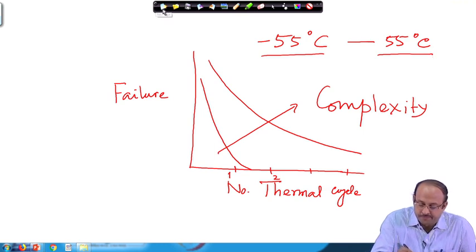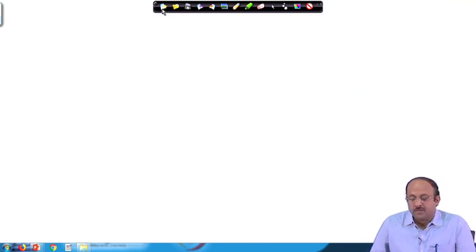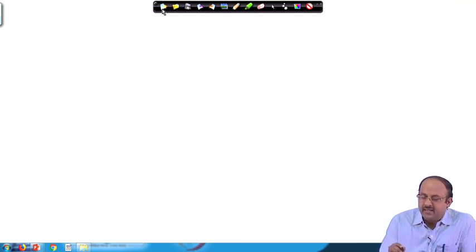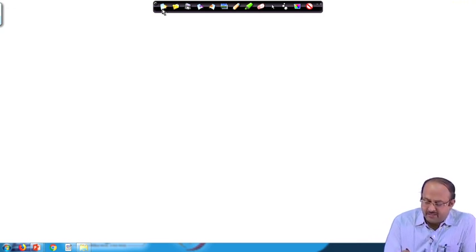Also, during the shock, the shock is actually like vibration, but the shock has loading which is a kind of abrupt loading.